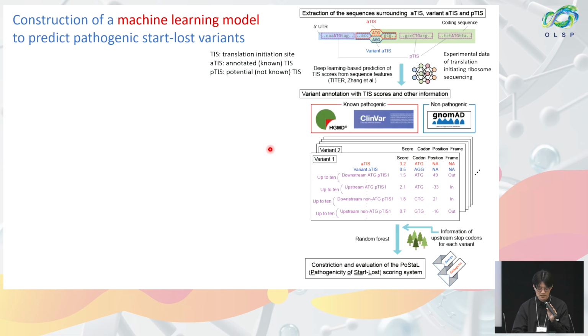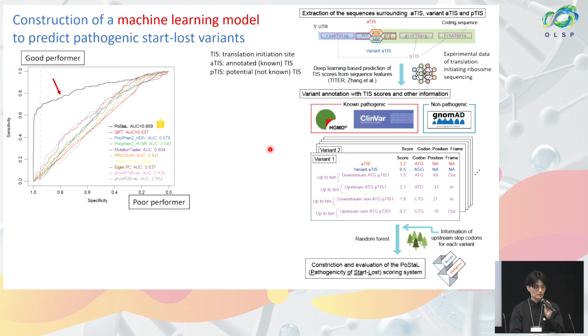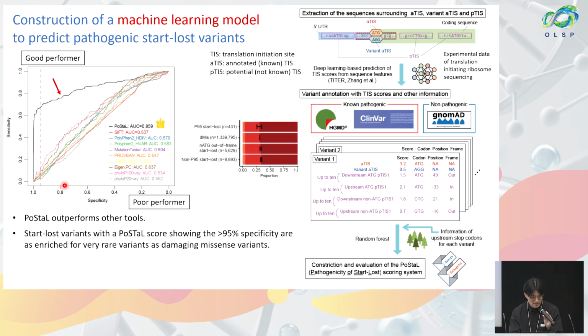And finally, we constructed a model named POSTAL, pathogenicity of start loss, and checked the performance of this POSTAL model. And what we observed is this side is good performer, and this side is poor performer. So this is POSTAL. So POSTAL far outperformed other tools. And when we extracted start loss variants with a POSTAL score showing more than 95% specificity, these variants are as enriched for very rare variants as damaging missense variants.